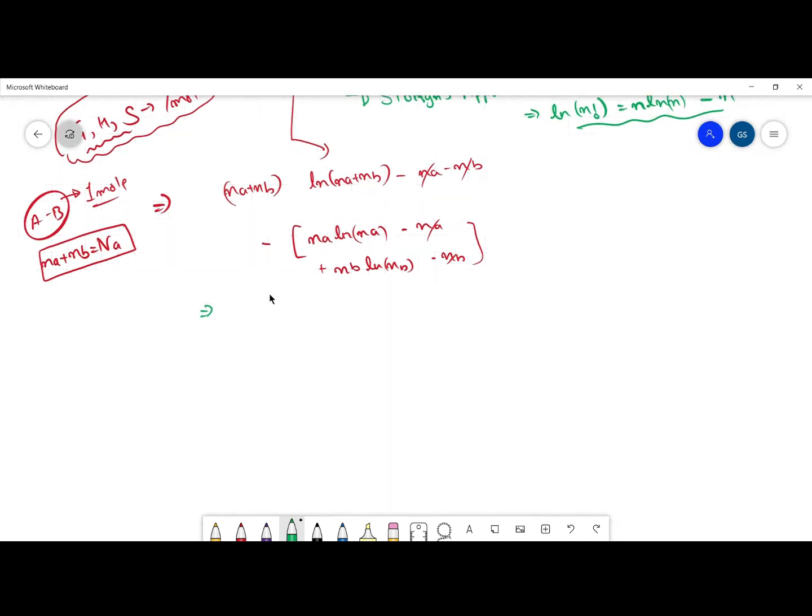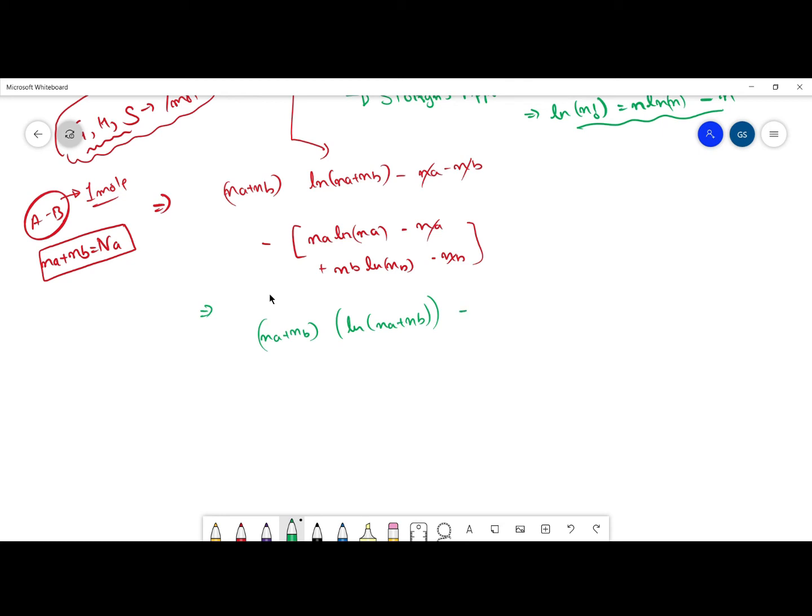Now, since this is our Avogadro number, we want to reduce this term. How can we do it? Na plus Nb ln Na plus Nb. If we can make the inside of the ln 1, this term will be gone.